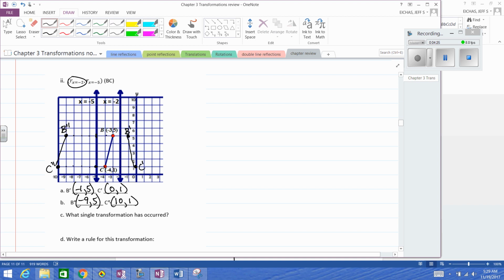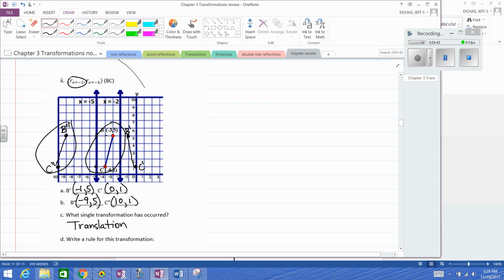What single transformation has occurred? So what we mean is go from here to here. Again, that's going to be a translation. When we reflect over 2 parallel lines in sequence, then you're going to get a translation. Now write the rule.